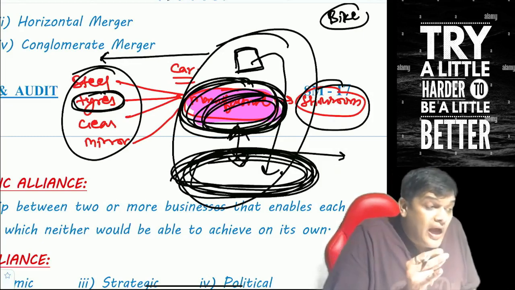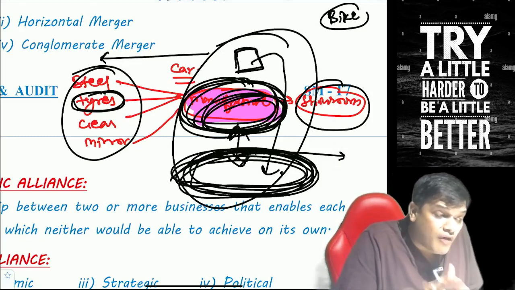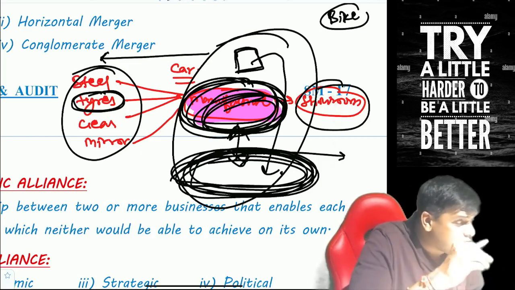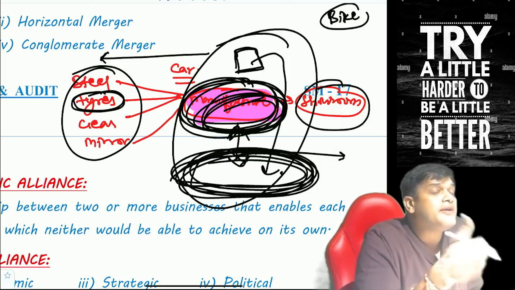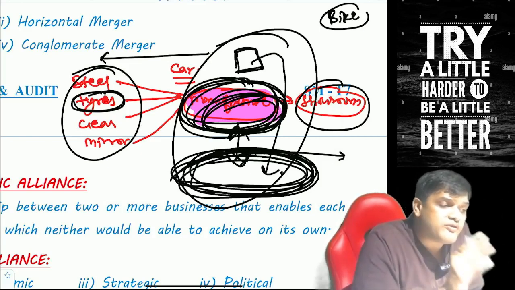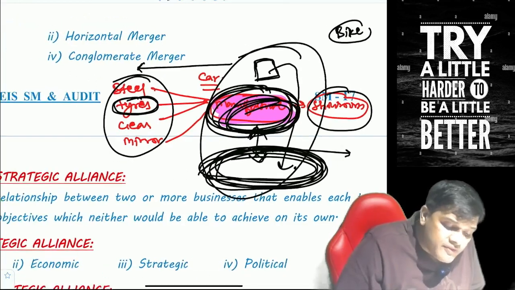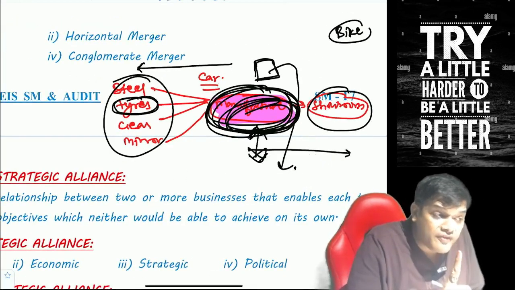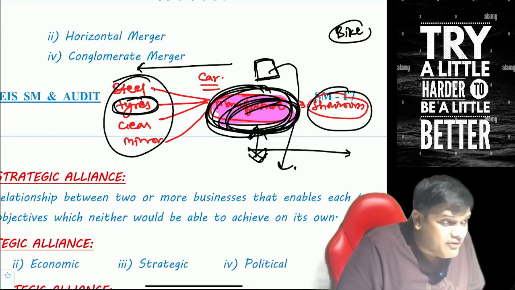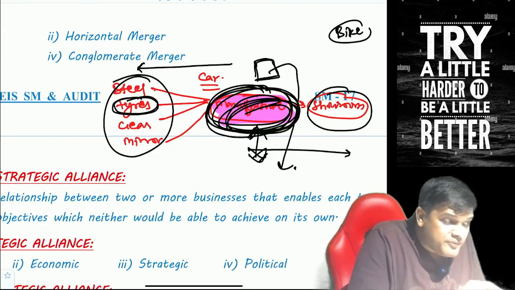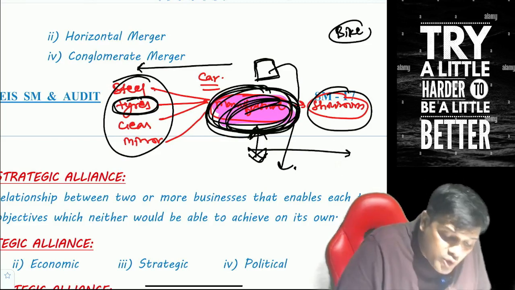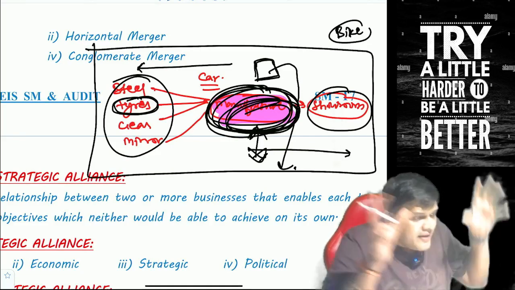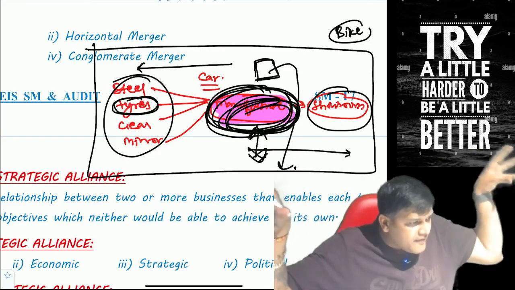This is concentric. How, sir? Starbucks starting manufacturing coffee. Somebody may debate why it is concentric, but I will say it is not concentric. You need to understand the difference between vertical and concentric. In vertical, you are developing related things, and you are present somewhere in the chain process.